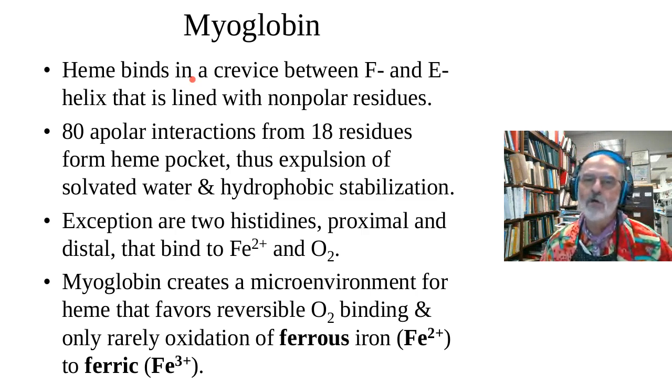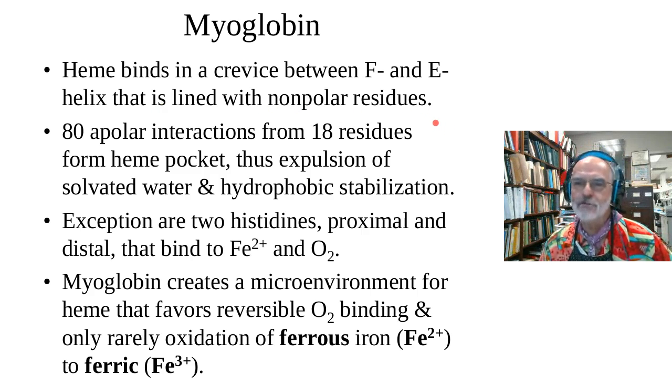So the heme binds in what is referred to as a crevice or a cleft between the F and the E helix that is lined with nonpolar residues. The nonpolarity means that water is not happy there. So water is being excluded. Remember, met hemoglobin involves water binding.